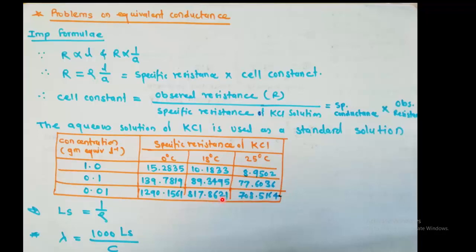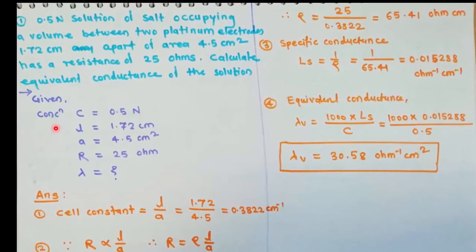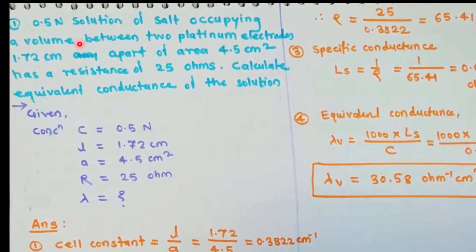These values are given during the examination, so there is no need to remember them. The specific conductance is the reciprocal of specific resistance, and the equivalent conductance lambda is equal to 1000 into Ls upon C, as we have seen earlier. Now let us see problem number 1, how to solve the problems. This is the first problem.